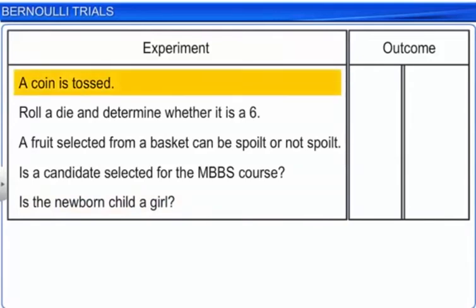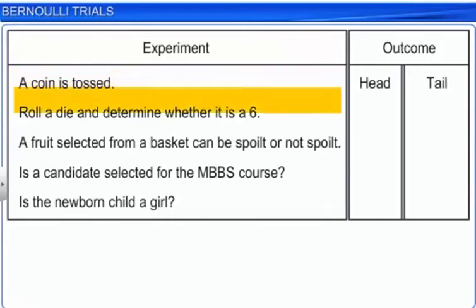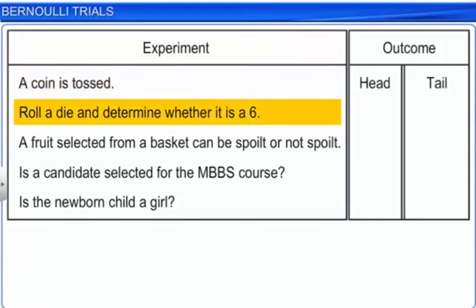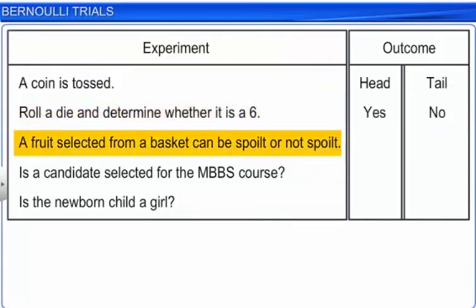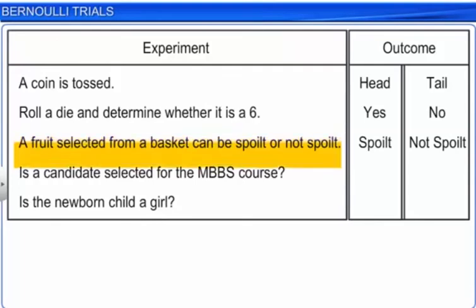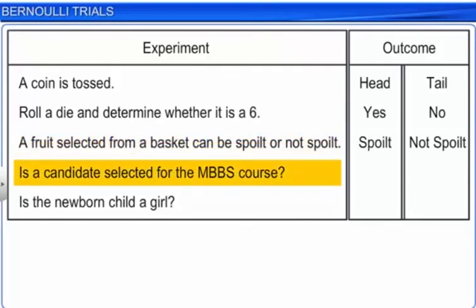In the first experiment, the output can be either a head or a tail. When a die is rolled, getting a 6 can be either yes or no. In a fruit basket, the selected fruit can be either a spoiled one or a good one. A candidate can be selected for the MBBS course depending upon his or her performance in the entrance test.